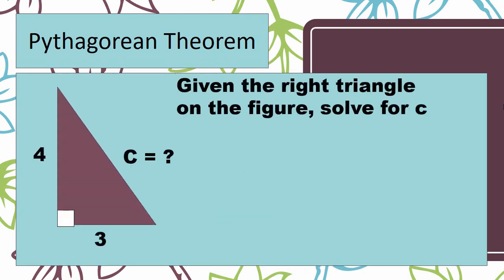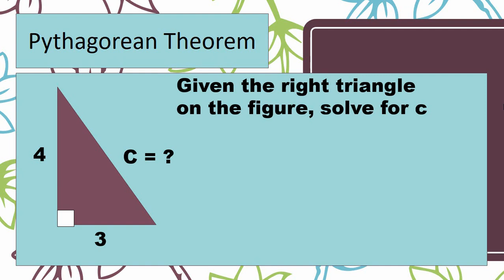So let us have an example. Given the right triangle on the figure, solve for c. What we are looking for in this problem is the hypotenuse. So we have 4 and 3. These are the two sides of a right triangle. Now what is the measurement of its hypotenuse?